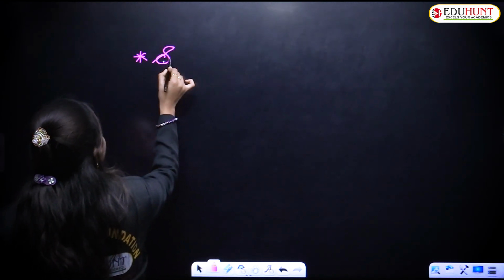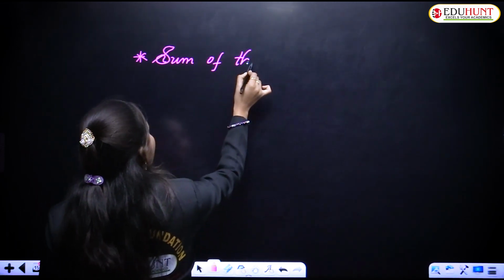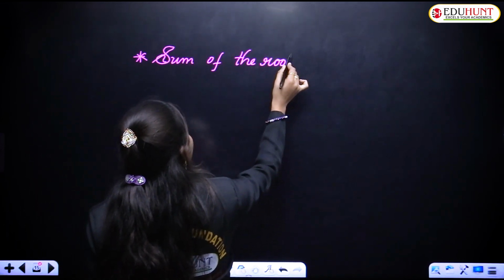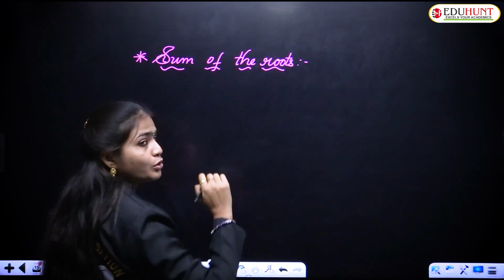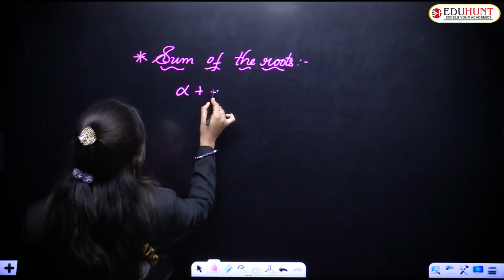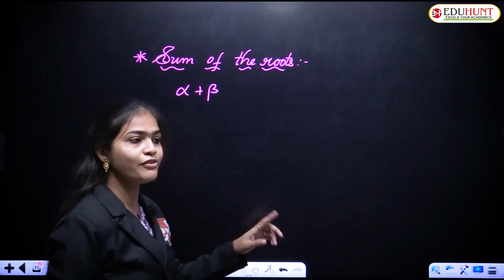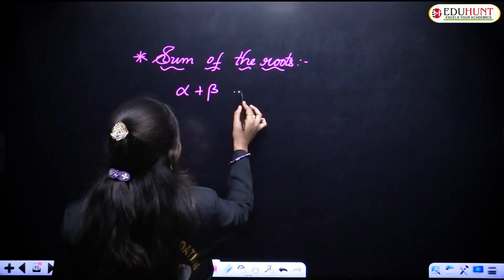Now the first one is the sum of the roots. We have to check the sum of the roots. What are the two roots given here? The two roots are alpha and beta. So the sum of the roots means we have to find the value of alpha plus beta.